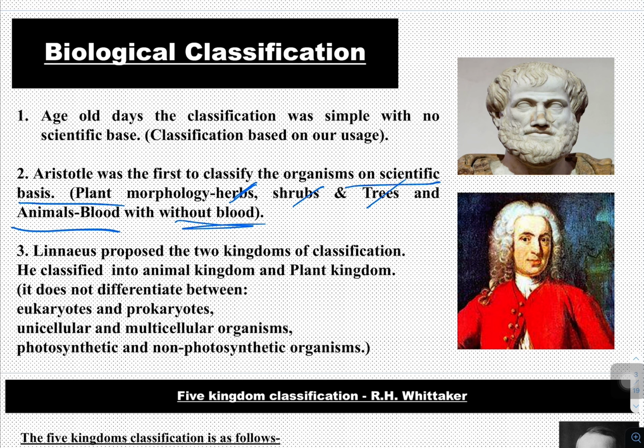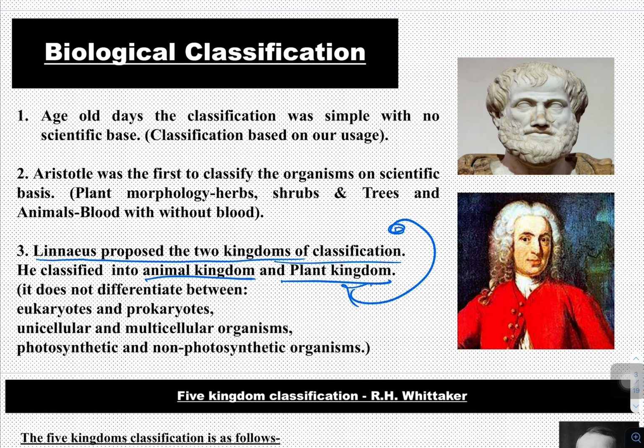The next system was upgraded. That was Linnaeus, who proposed a 2-kingdom classification, where he gave a mention of plant kingdom and animal kingdom. He grouped all the plants under plant kingdom and all the animals under animal kingdom. But one thing is, he did not differentiate between prokaryotes and eukaryotes.